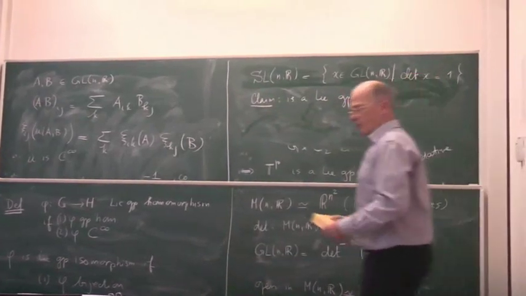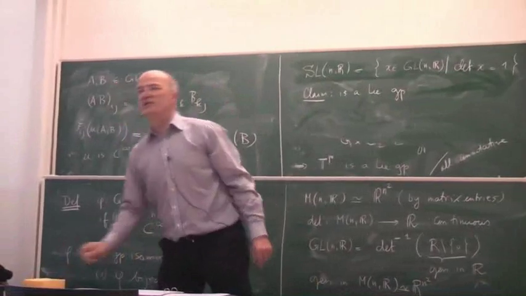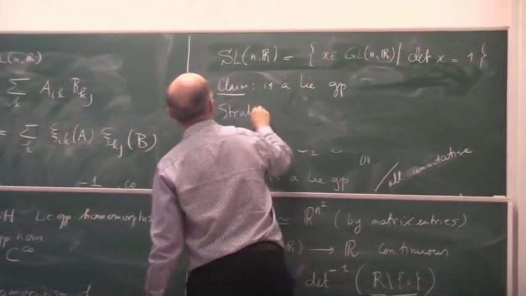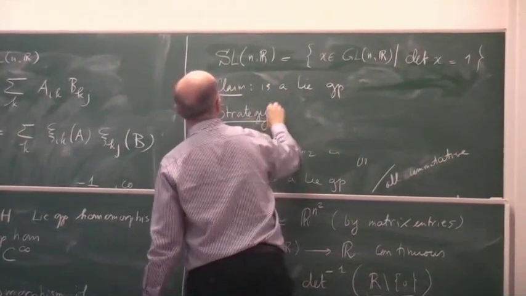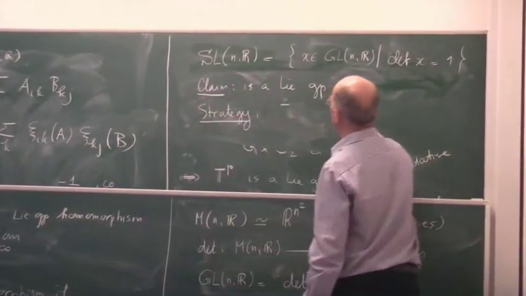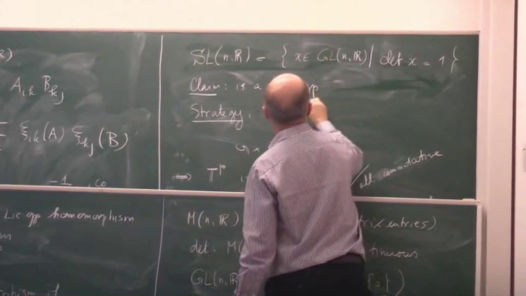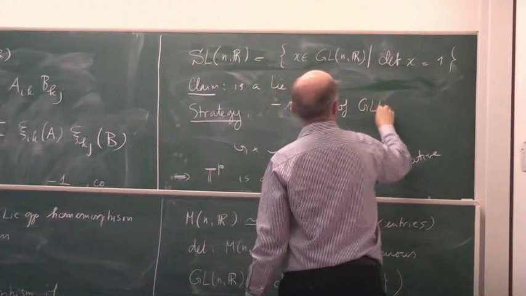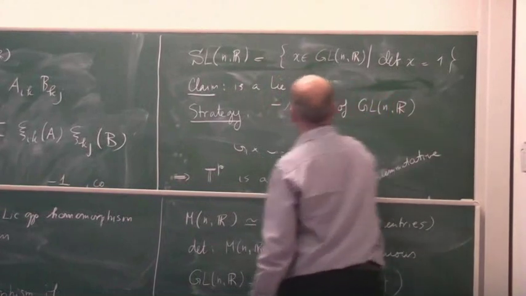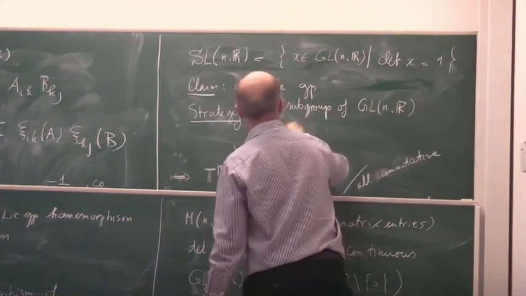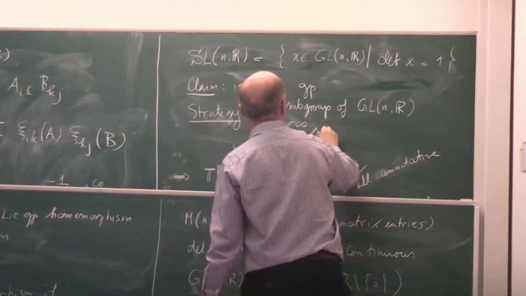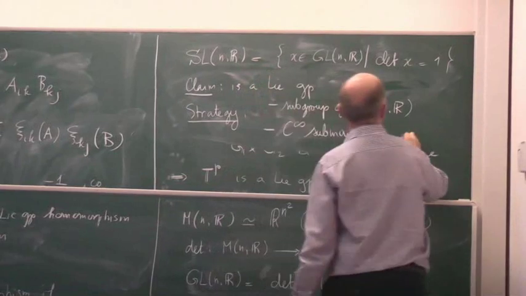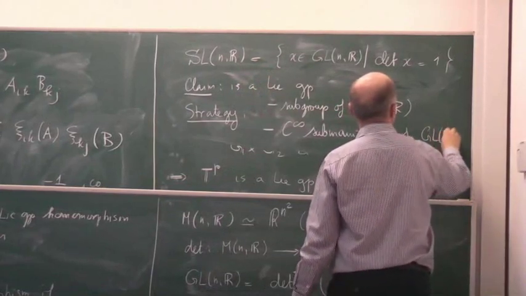What is the strategy to prove this? The strategy is to show first of all that it is a subgroup of GL(n,R), and then secondly that it is a smooth submanifold of GL(n,R).